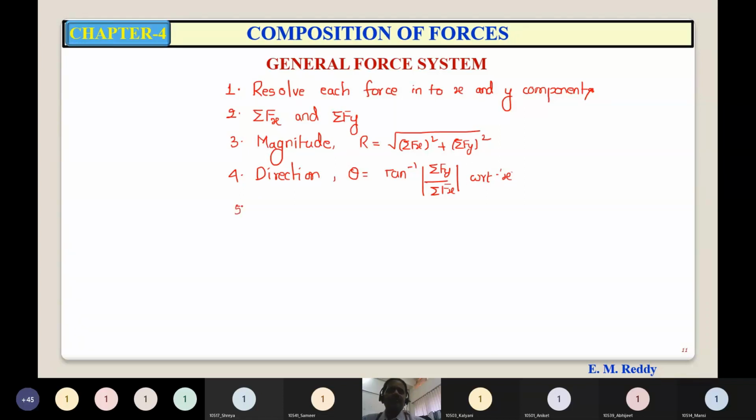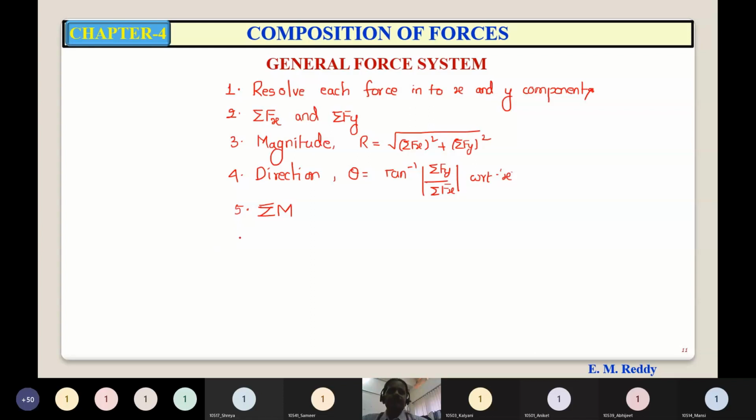Then you have to find out the position of resultant, where it is acting. For that, what you have to do? Select any reference point in the plane and take the algebraic sum of the moments of all the forces about that point.